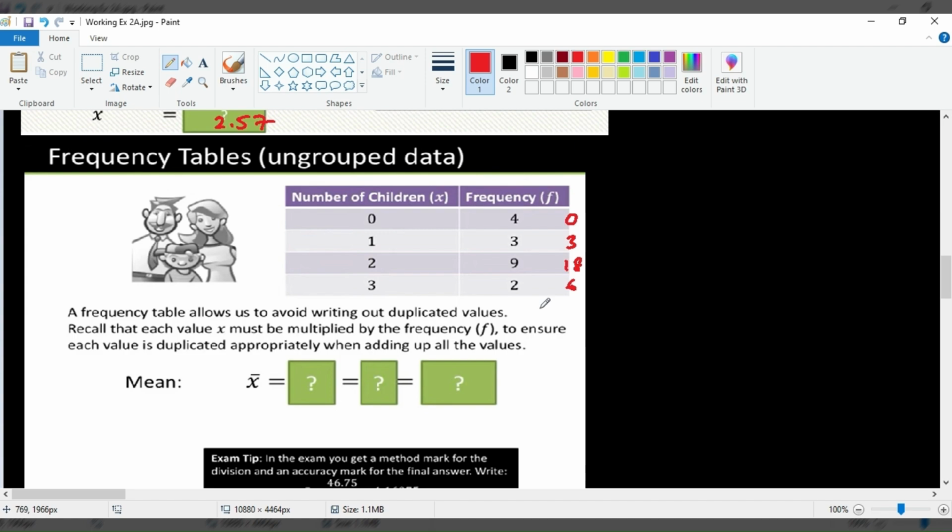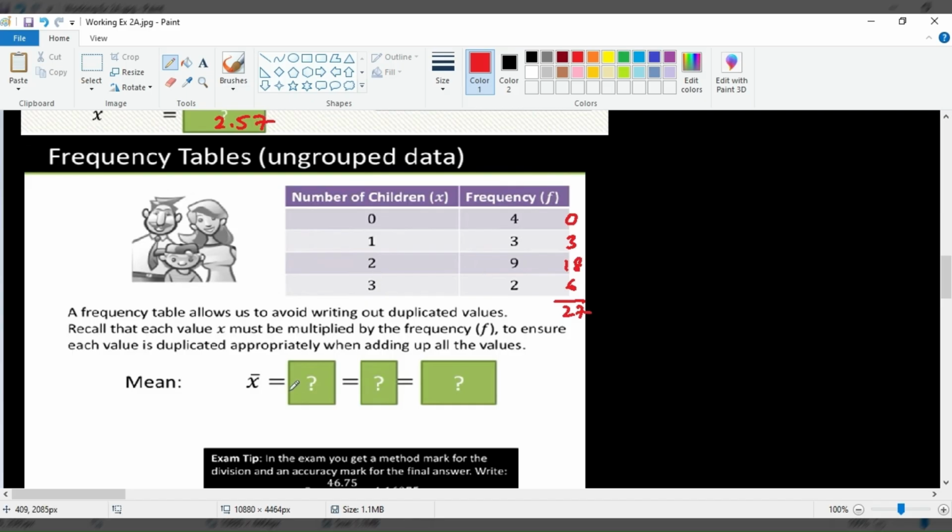So in here what we do is we need to find out the value of x bar. So how do we find out the value of x bar? This is going to give us 27, and the number of over here.